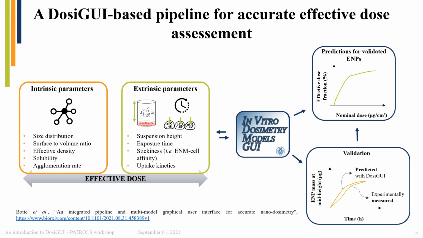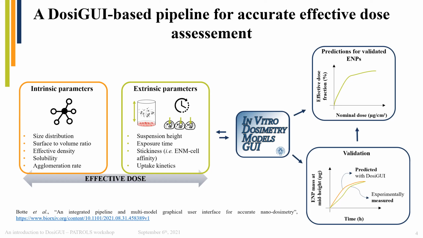Both of them have a major impact on determining the effective dose delivered to the cell culture, and some of them are known a priori, such as the height of the suspension column or the time you want to expose the cells to nanoparticles. But some other could be unknown a priori.